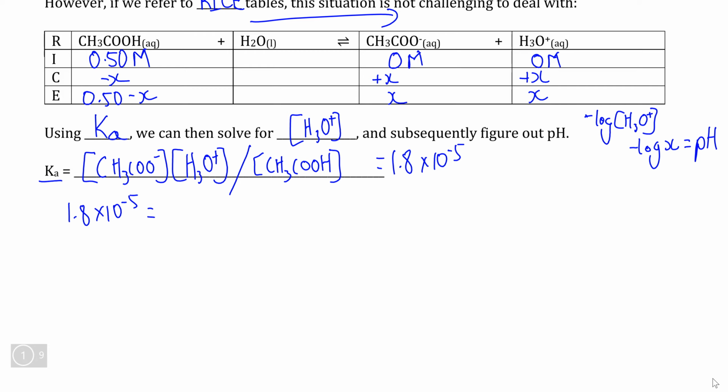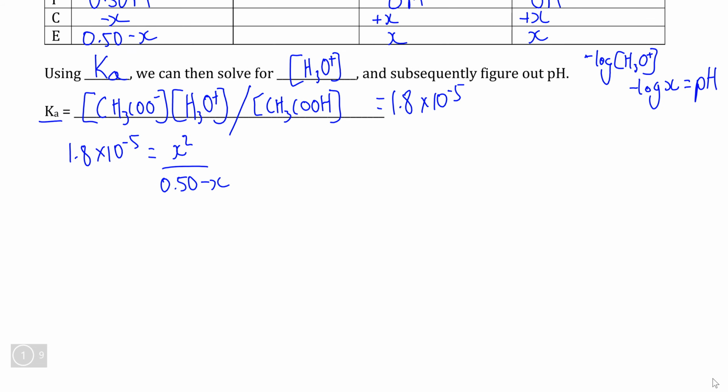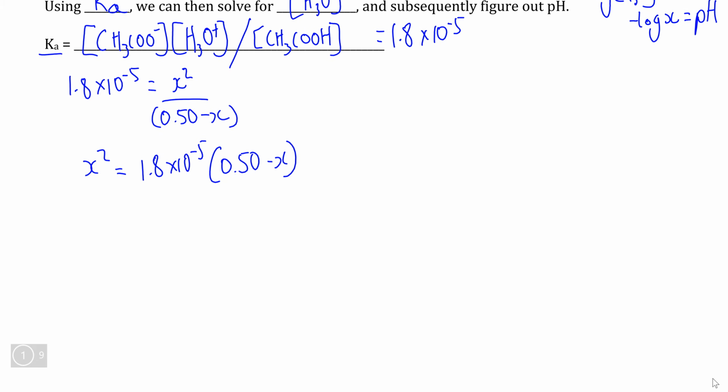The concentration of each of the products is x, so x times x is x squared, divided by the concentration of our reactant, 0.50 minus x, which means that in order to get everything into an ax squared plus bx plus c form, we need to multiply both sides of our expression by the denominator here, meaning that we would have x squared is equal to 1.8 times 10 to the -5 times 0.5 minus x.